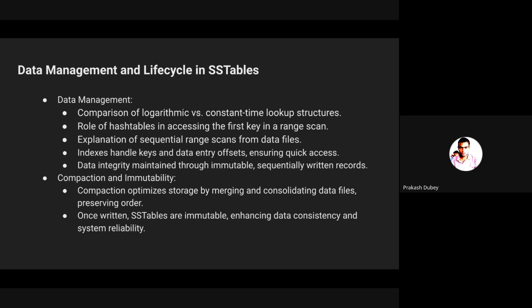In a hash table, we find the key and get the value, and since the data is stored in sorted order in the storage, we can get all the data after that.